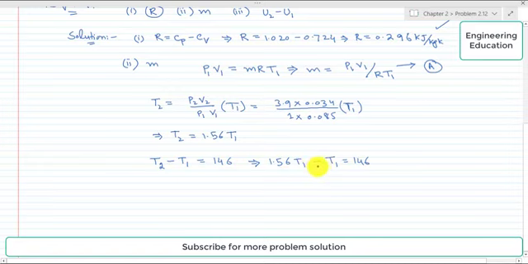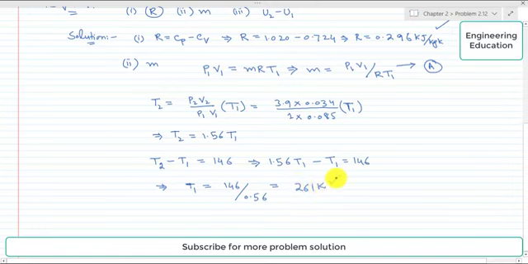Now it's easy to find the value of T1. So T1 is equal to 146 over 1.56 minus 1, which is 0.56. So the value of T1 comes out 261 Kelvin.